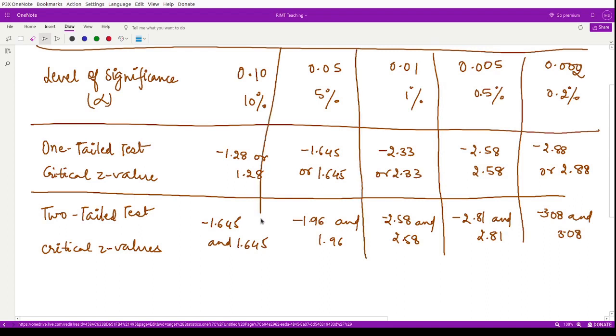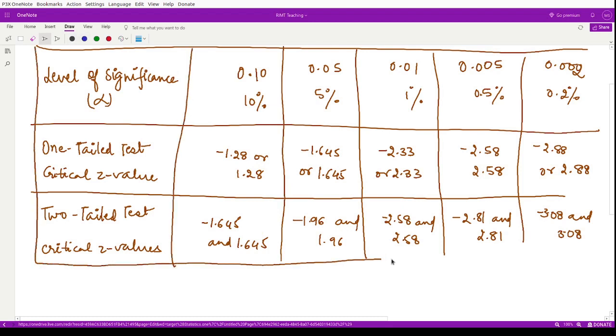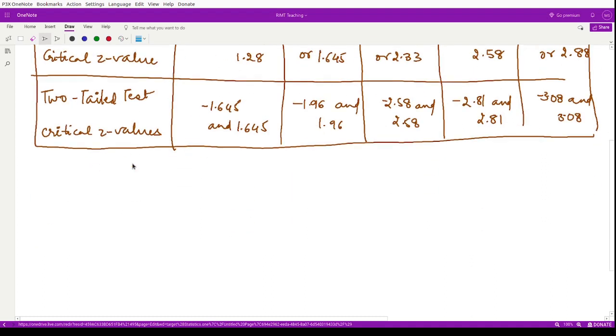So let's see a problem based on this. First of all, you should know what the test statistic is whenever we are talking about this Z test, right? So let me write down the test statistic for you. Suppose you wanted to compare the mean of a sample and a population.